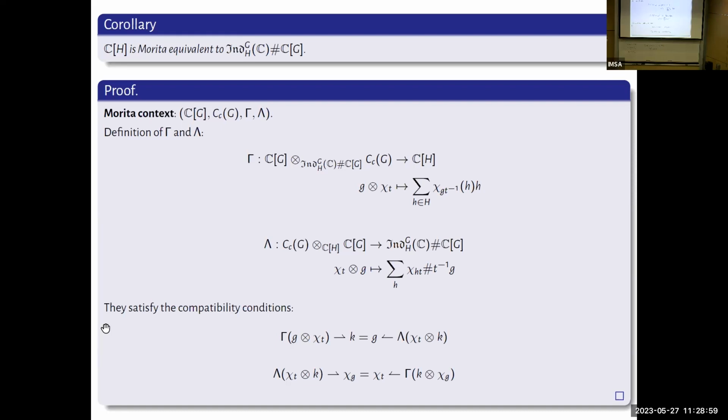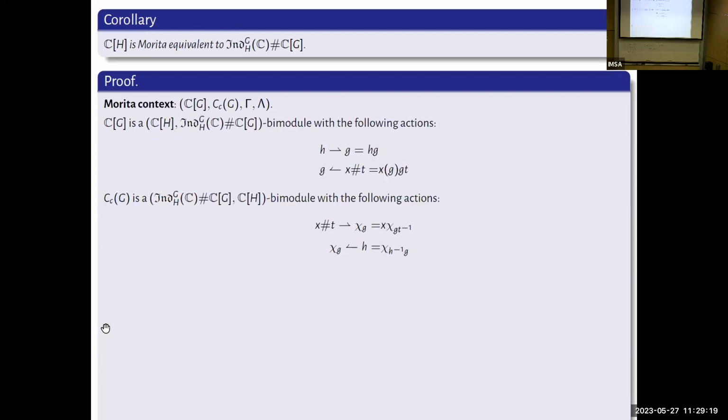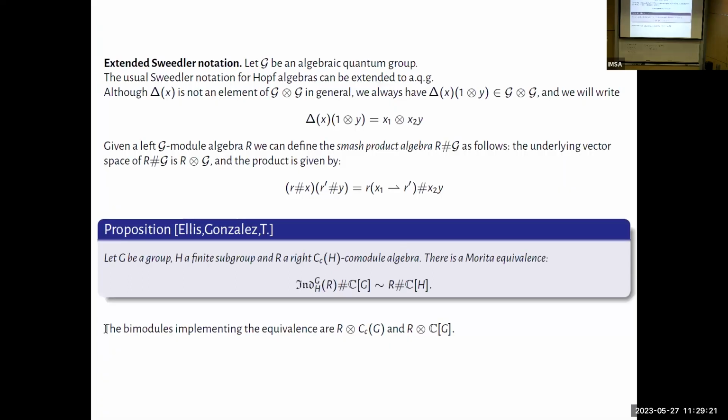So I have only one question. On the top, there is an H, on the left, on the forward. Yes. And in the Morita context, there is no H. The modules don't involve H. Of course. Look here, the module. You check this, and this is the algebra with an actual H. So this is a universal module.